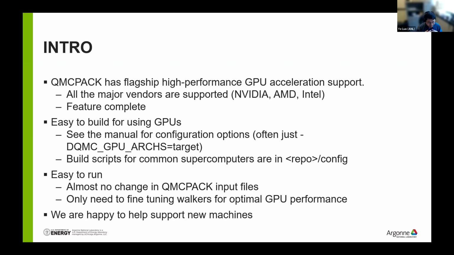You almost don't need to make any change in input files, and for performance, we only recommend very minimal fine-tuning effort. In addition, we are very happy to help support new machines as users may encounter issues, and we exchange our experience, help users through GitHub issues and also through the QMCPACK Google group.